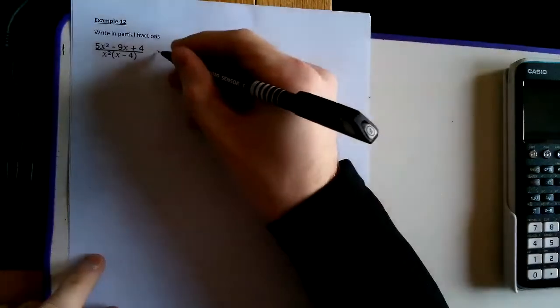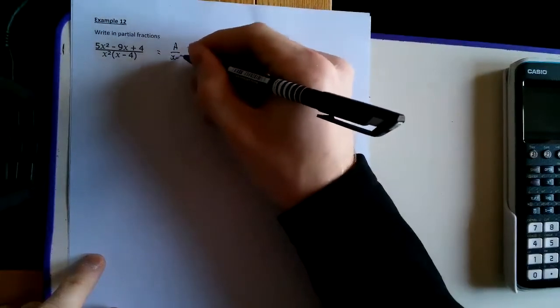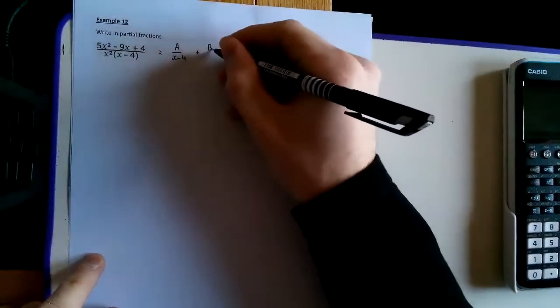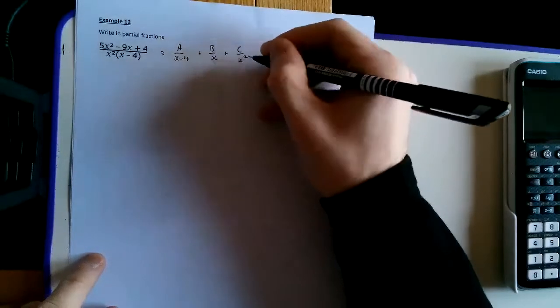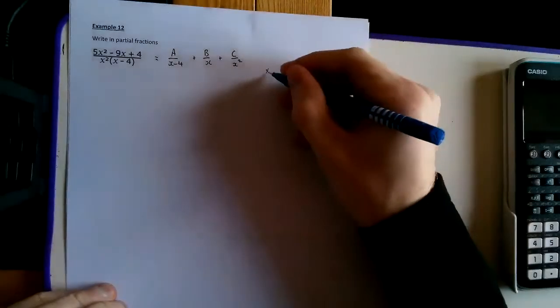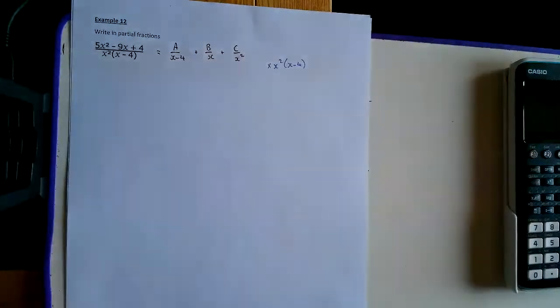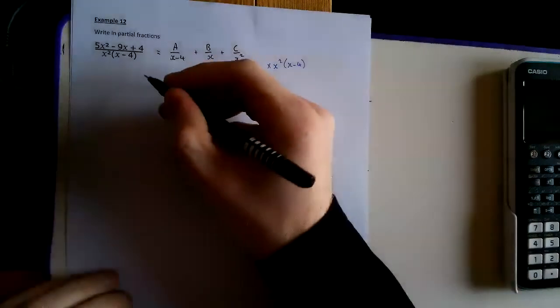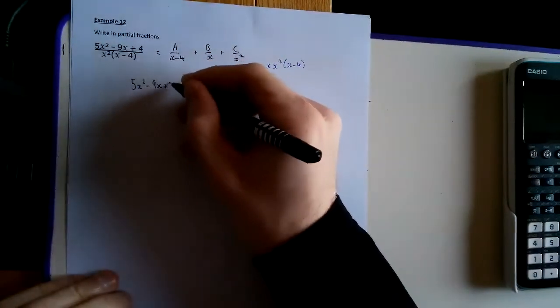So I'm going to write that as something over x minus 4, plus something over x. But this time I also need something over x squared. Okay, then I'm going to times it all by x squared, x minus 4 to get 5x squared minus 9x plus 4.